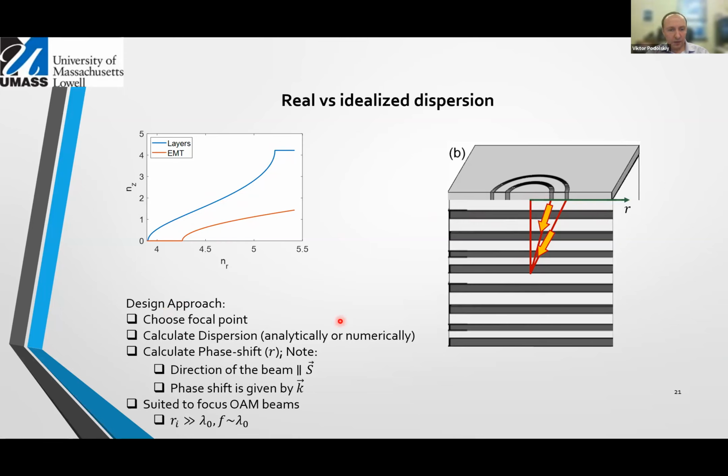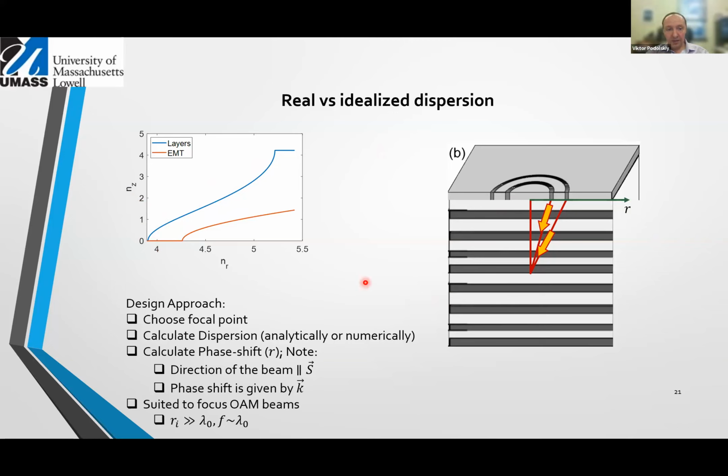The only thing you have to worry about is that the beam direction and your phase vector direction are different. Your beam goes in the direction of Poynting flux, which is given by the normal to this dispersion curve. And then the wave vector is the points of this curve. So you have to calculate the phase shift by your wave number, and you have to keep in mind that your modes go in the direction of Poynting flux.